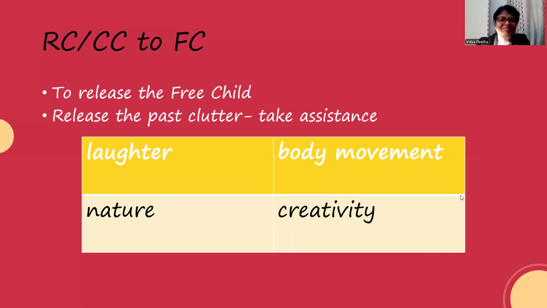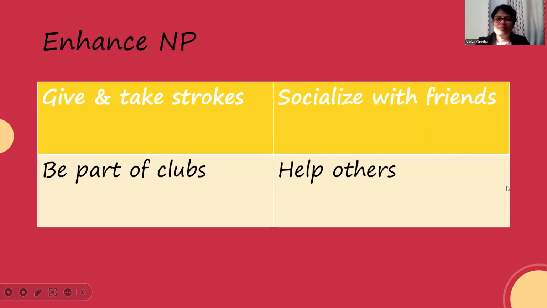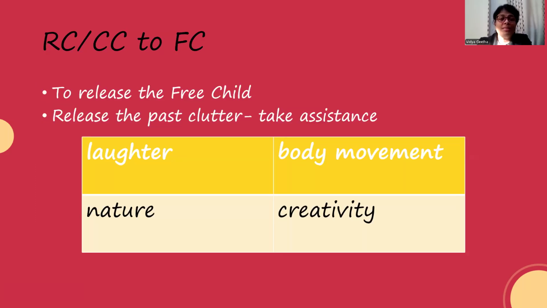Welcome back. We just spoke about how to enhance NP. Enhancing NP is to bring down CP. Now, RC is rebellious child, CC is compliant child. How to take that to free child? So to release the free child, release the past clutter, take assistance.